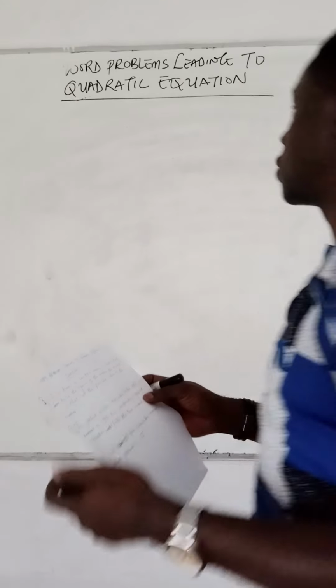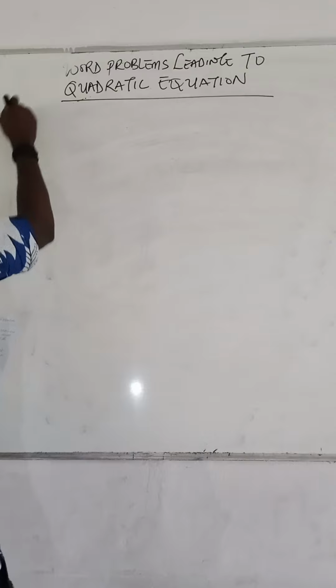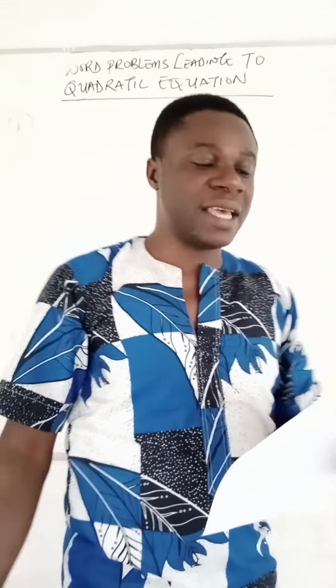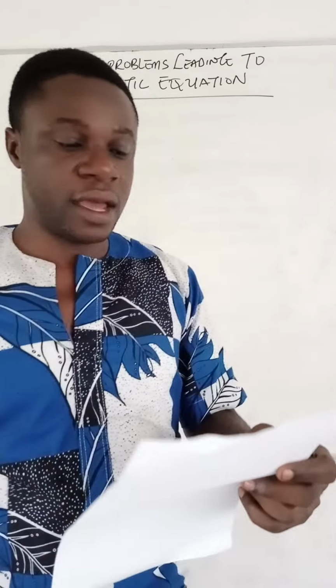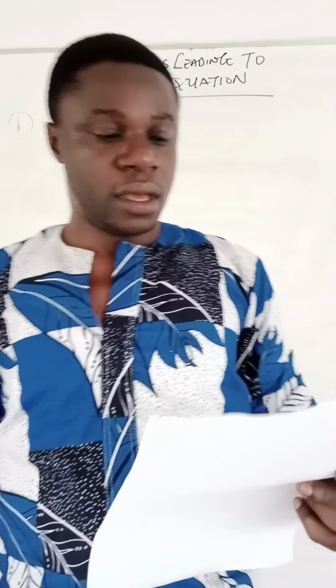So the first question: if 3 times a certain number is subtracted from twice the square of the number, the result is 5. What are the possible values of the number?